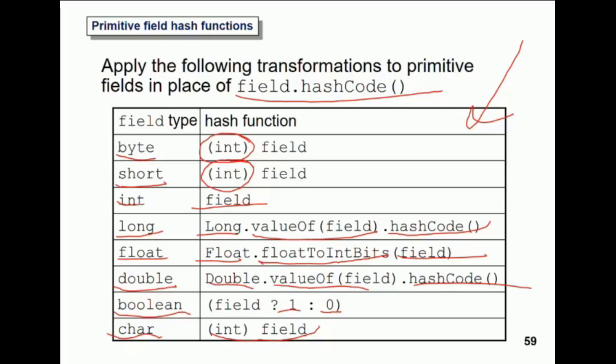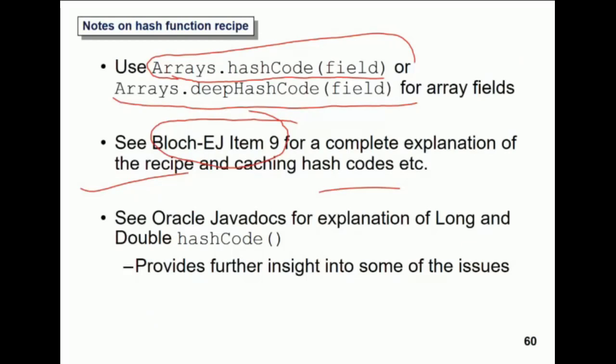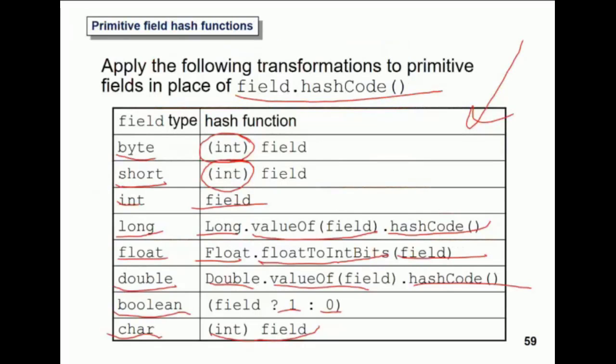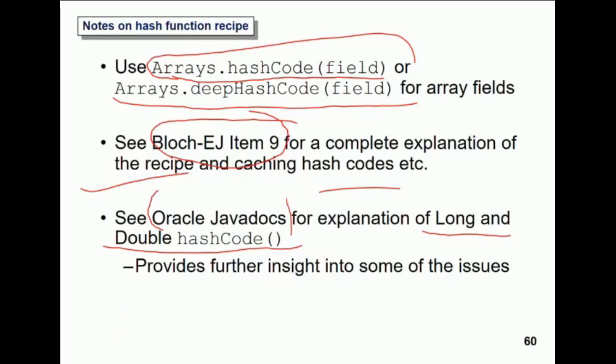If you want to create a hashcode method, refer to this slide, or you can find them online, and it'll tell you how to generate the hashcode for various objects and primitive types. If you want an explanation for long and double hashcode from this slide, refer to Oracle's Java docs. Apparently this is not explained in Joshua Bloch's book, but you can look at Oracle's Java docs.